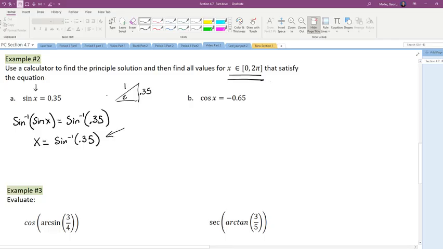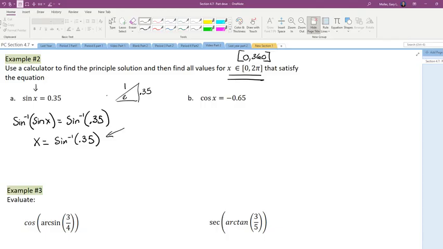So let's attack this as a degree question first. So let's change these instructions, and let's think about doing it from 0 to 360 first, which means we better make sure our calculator is in degrees. All right, I did not set up this video to record my calculator, so I'm using my handheld calculator. But I'm going to double check first that I am in degrees, and I am not. So let me switch that.